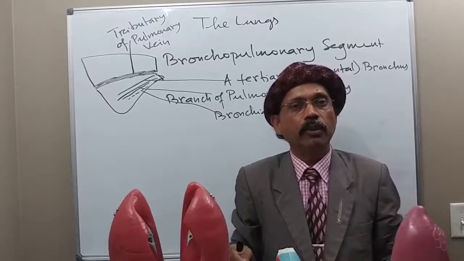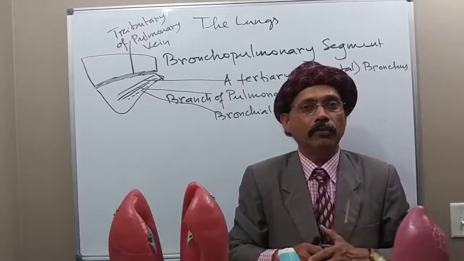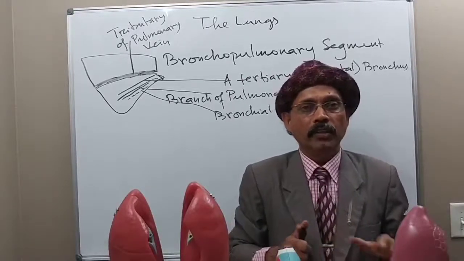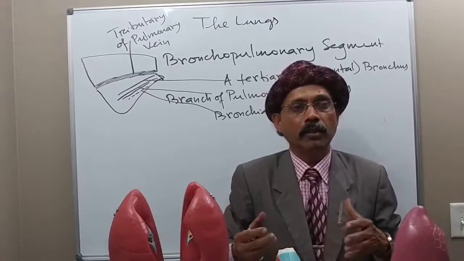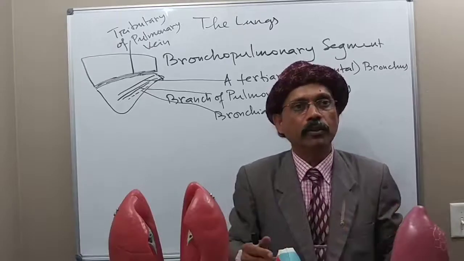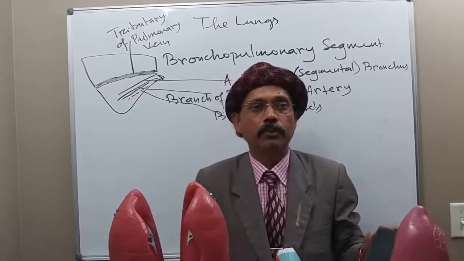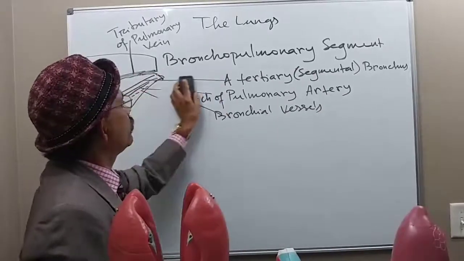They may take 2-3 segments without disturbing the function of the entire lung. But it may not be confined to 2-3 segments. In case of tuberculosis, it may be diffuse. So it depends on the pathology. Okay, so we got the bronchopulmonary segment.